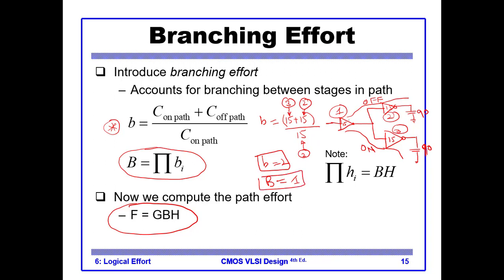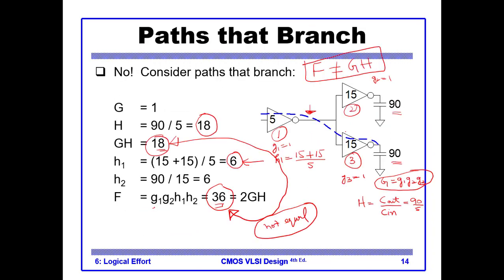Okay, and just a correction. The capacitance of this inverter was 5, not 15, but this does not affect the value of small b or capital B. So if we go back to this example, now if we say that capital F is basically capital G, capital B, capital H, then capital G is 1, capital B is 2, as we have calculated, and capital H is 18.